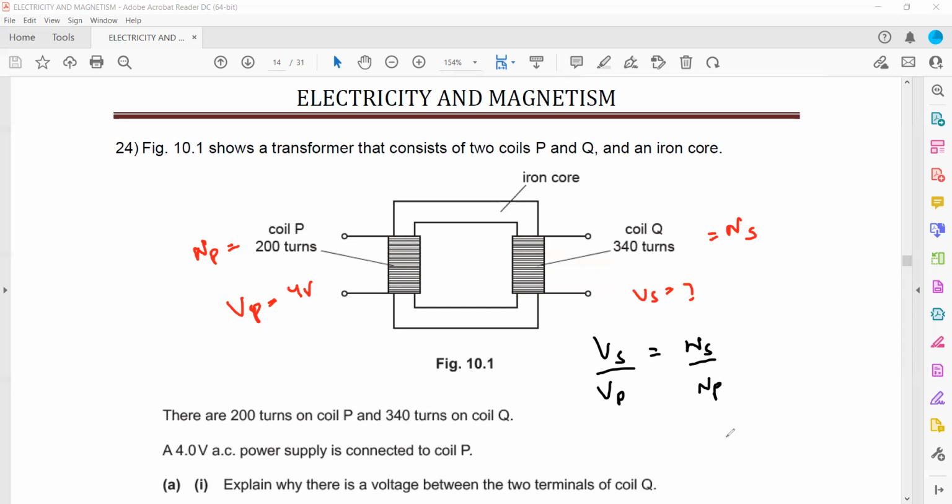VP is 4, VS is unknown. The number of turns of secondary is 340 divided by 200 turns. So the 4 is divided, on the other side it will be multiplied. So VS will be 340 multiplied by 4 divided by 200. That gives the voltage produced in the secondary.